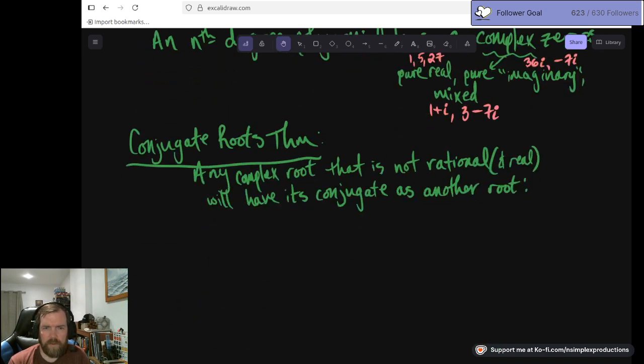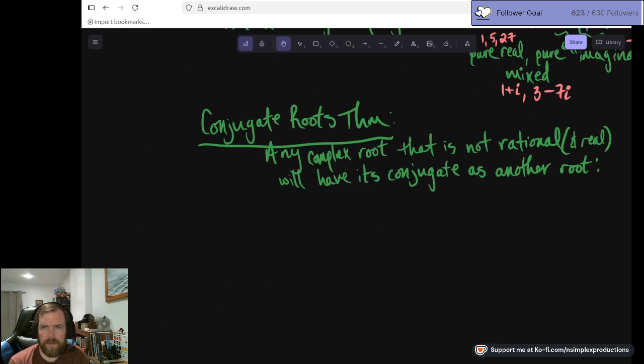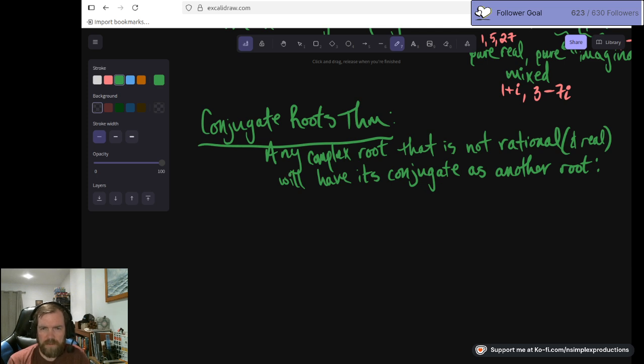So what happens is if we end up with root a plus root b, it doesn't even matter, where a and b can be any real numbers at all. Positive, negative, other nasty things.